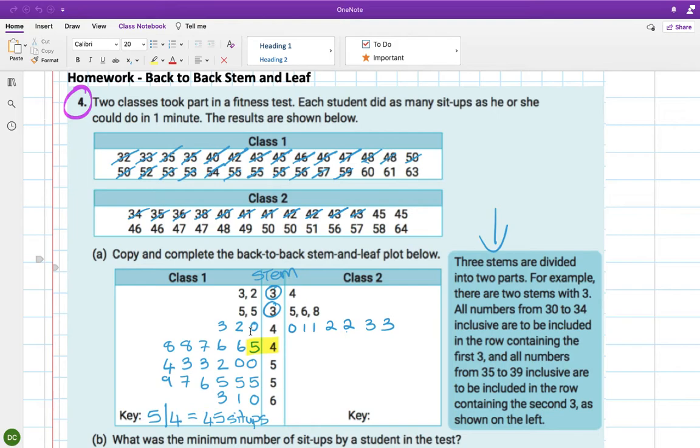So I have 45, 45, 1, 2, and then 46, 46, 47, 47, 48, 49. 50, 50, 51, oh no, 51, 56 then goes down to the next one, 57, 58, 58, and then 64.